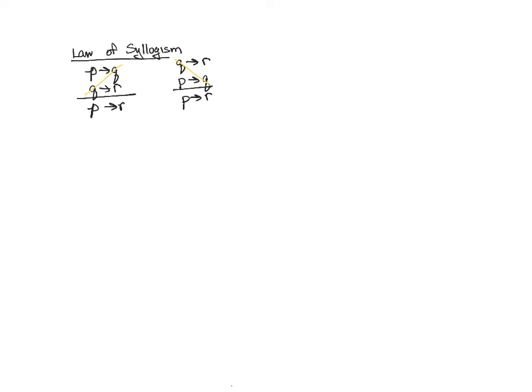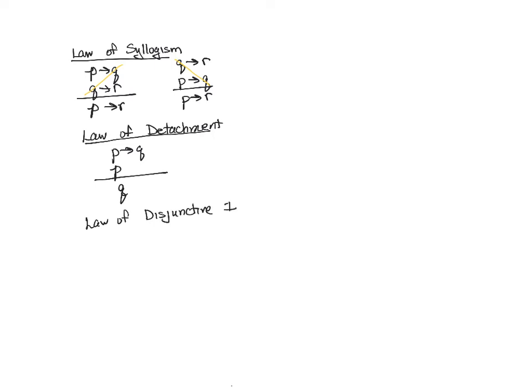The other two laws that we talked about, the law of detachment, also involves one conditional, but the antecedent must be true to conclude the consequent is true. And in another law, the law of disjunctive inference, this one confuses students a lot because you deal with a true disjunction, but one of the disjuncts has to be negated.